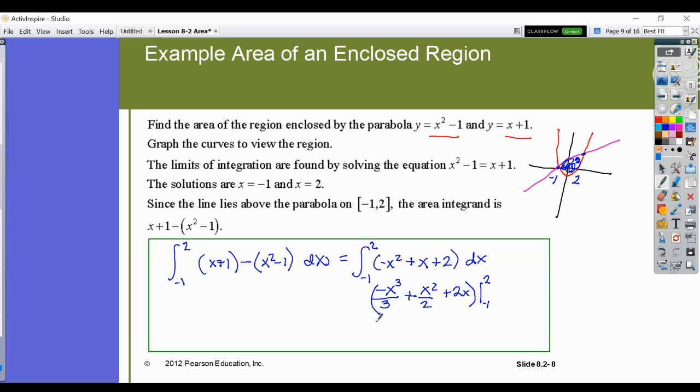So when you plug in 2, you get -8/3 plus 4 over 2 is 2, plus 2 times 2 is 4, and minus, when we plug in -1, we get positive 1/3 plus 1/2 minus 2.